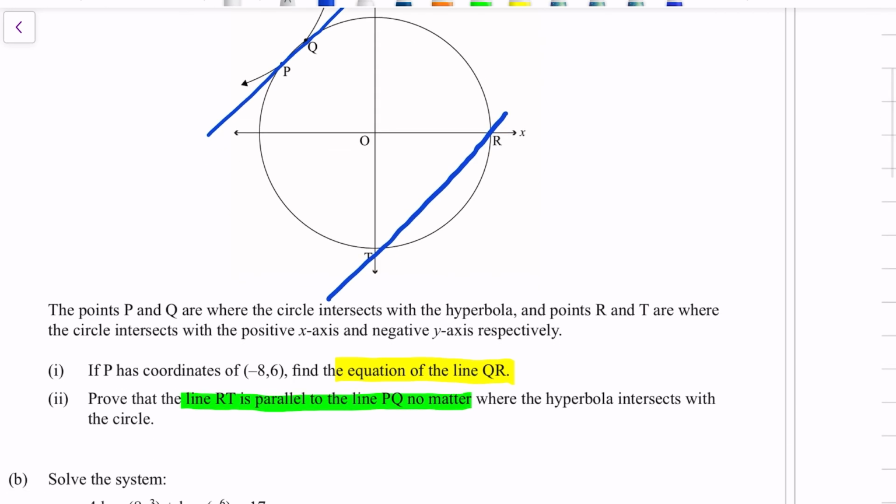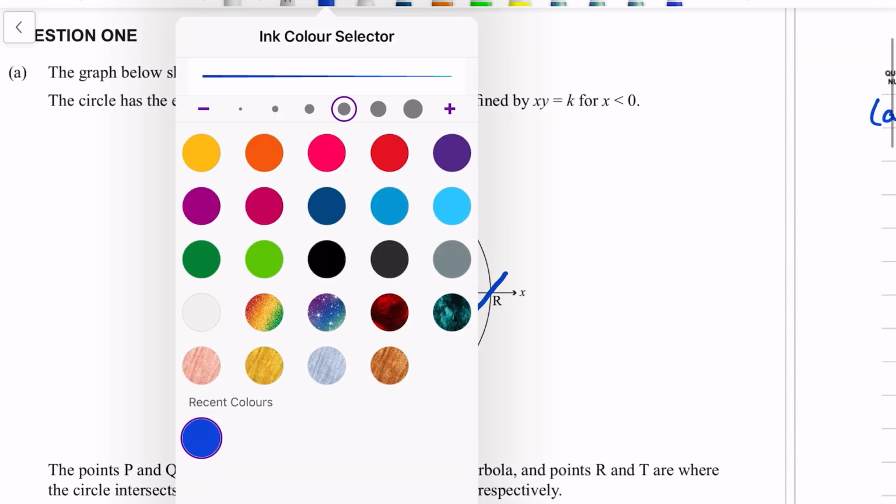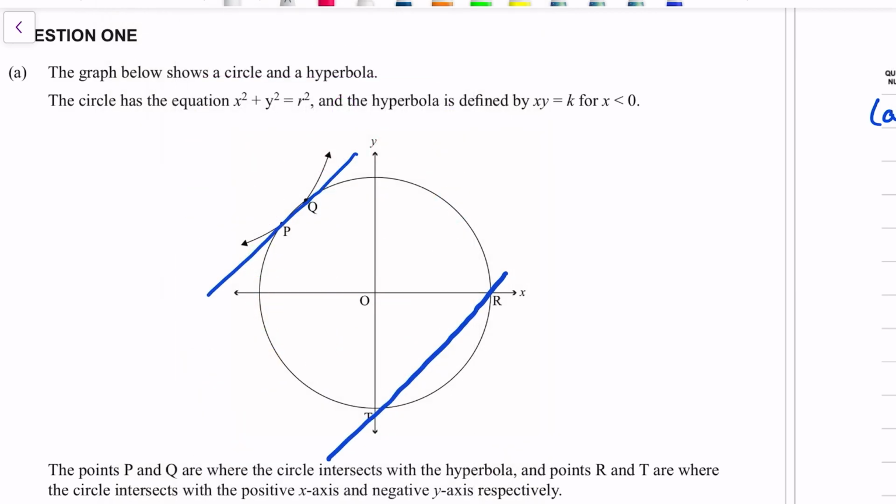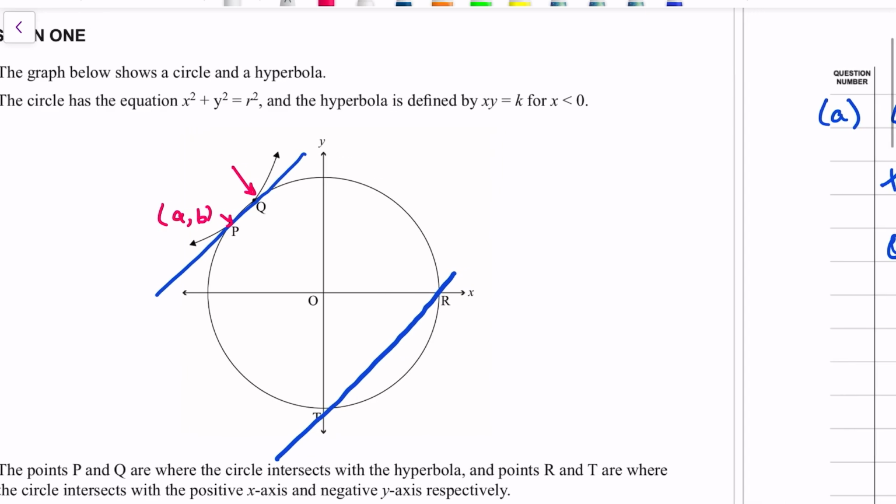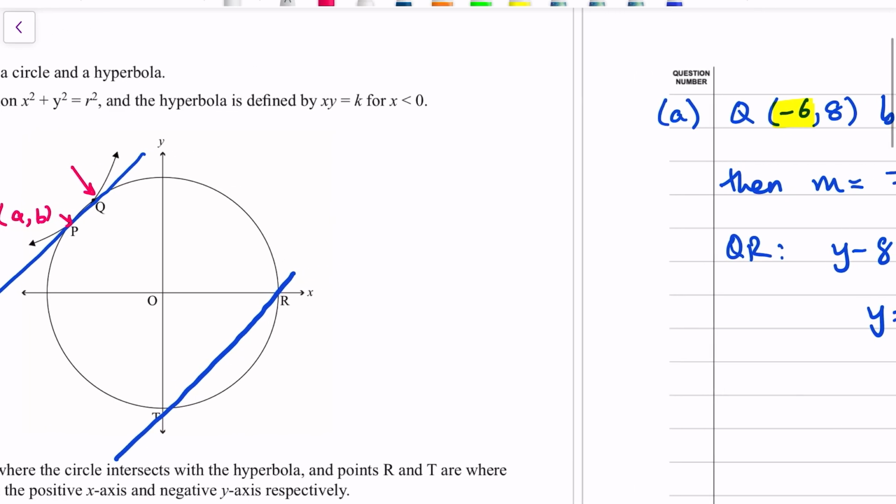It's saying no matter where the hyperbola intersects, so we can't use the coordinate P as negative 8.6 anymore. But what we can do is say, what about a P value of, say, (a, b)? This is generalizing. If the coordinate P is (a, b), then for Q, all we need to do is look at a specific example.